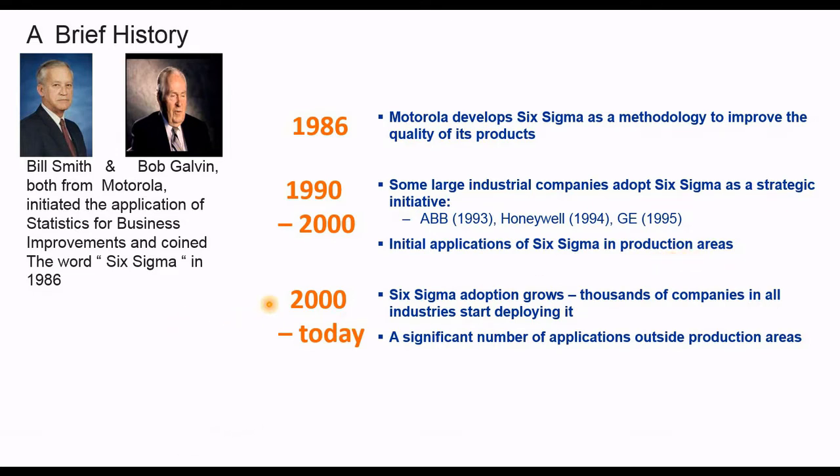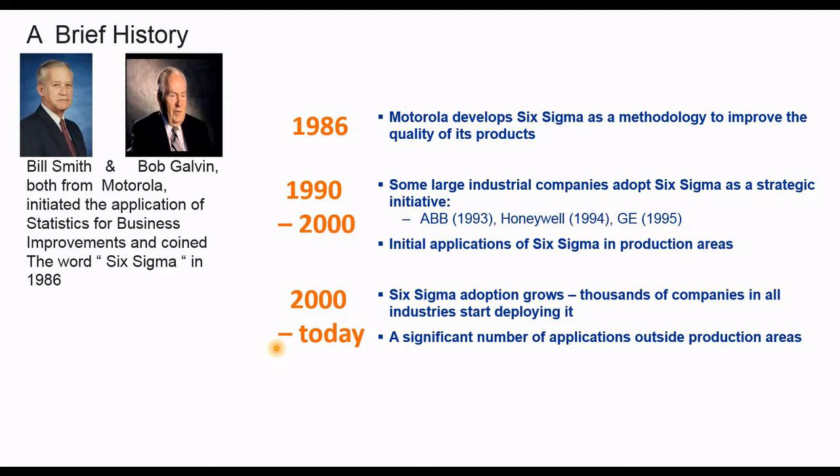So after 2000, companies started adopting Six Sigma in all sectors of the industry, and a significant number of applications started to be adopted outside the production areas as well. So from 1986 till today, Six Sigma finds its place in all phases of the industry, all phases of life.